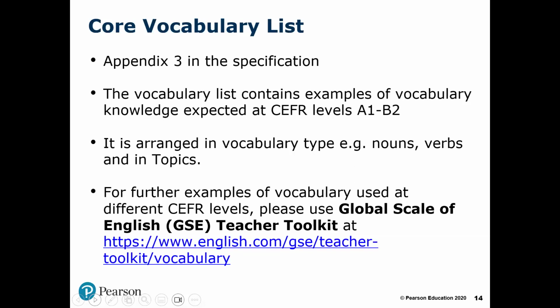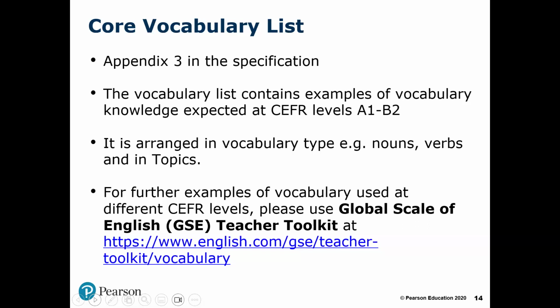The vocabulary list is a useful guide to vocabulary, but there is not an absolute guarantee that every word in the reading and listening paper, for example, will be on that list. There are assumptions that we make. So we're talking about the level of vocabulary, the typical level of vocabulary, but the list is not an absolute guaranteed list.